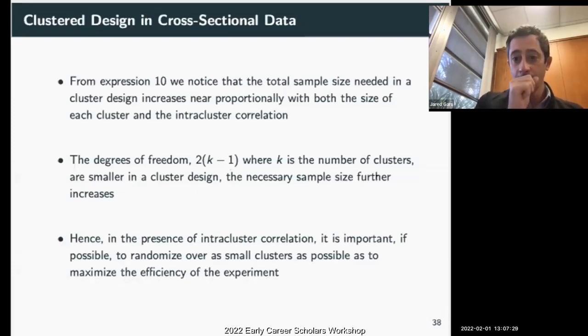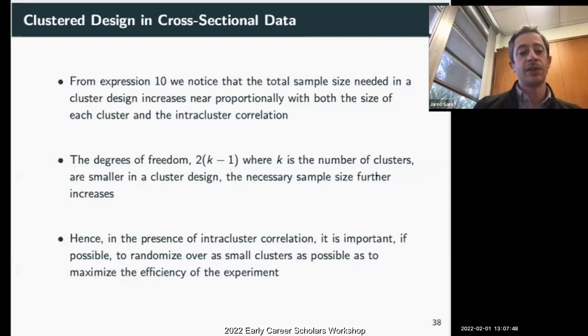Thanks for that question. A couple other things to consider when you're thinking about cluster designs is that your degrees of freedom, where K is the number of clusters, is going to be smaller in the cluster design, and this is going to reduce your power a little bit. So you need to take that into account.